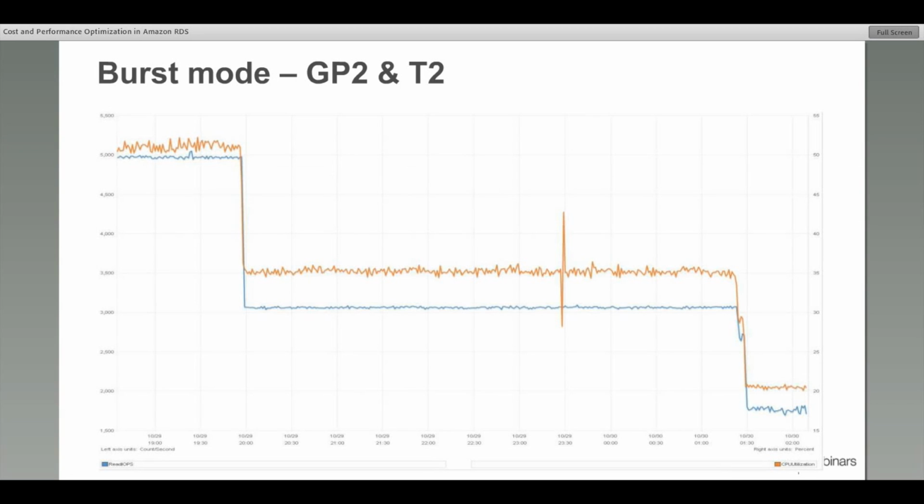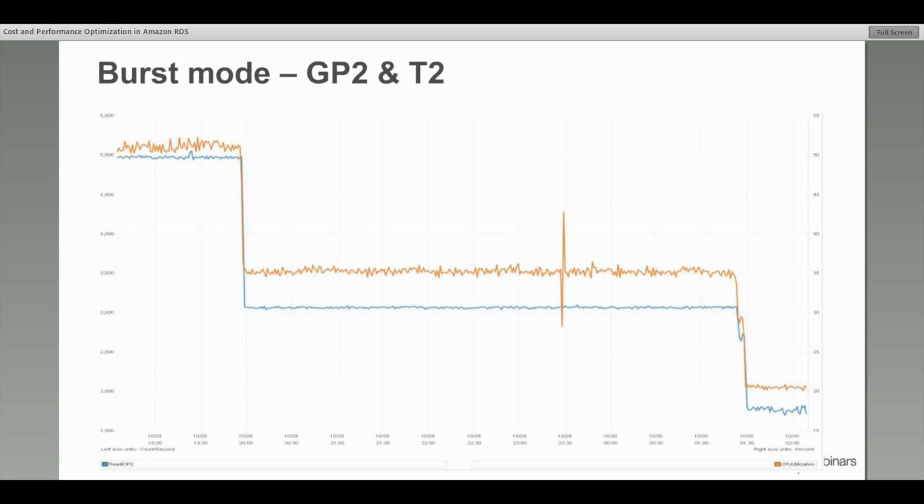So here's just a quick visual way to look at those things I was just talking about. Because I get an initial amount of credits for GP2 in terms of I/O, bursting up to 3,000 IOPS, as well as an initial amount of compute credits on the T2 instance type, we did a simple test in which we maxed out both the I/O performance as well as the usage of the compute units, just to illustrate the previous point.